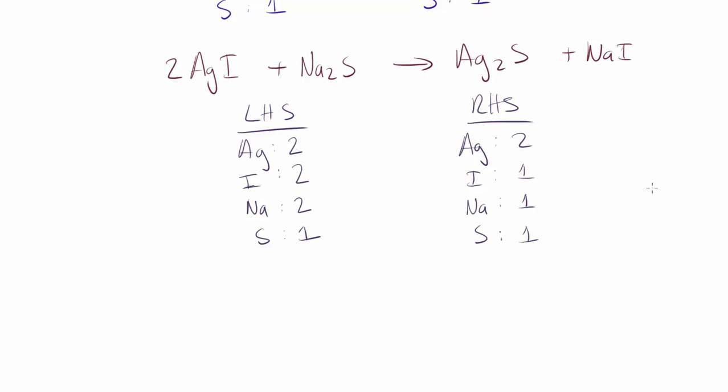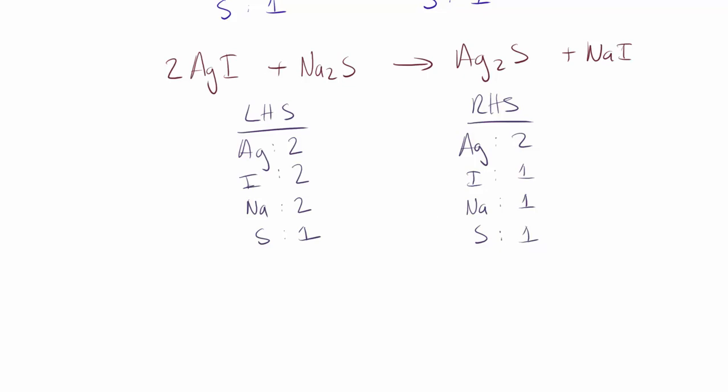I don't know how I get those confused, but silver is the same on both sides, right? Ag is the same on both sides, and iodine obviously is not balanced. Sodium has 2 on the left hand side and 1 on the right hand side, and as far as sulfur goes, we can see it is effectively, arguably balanced.